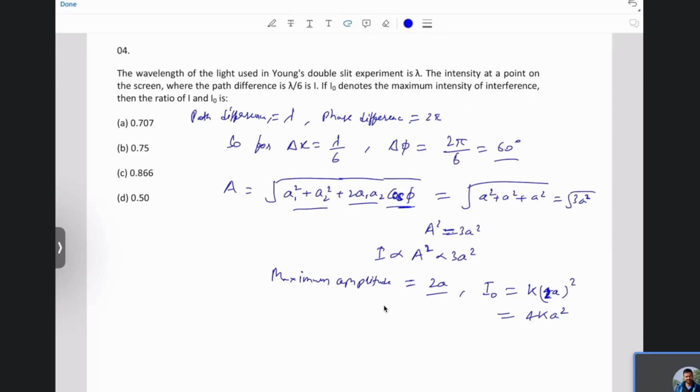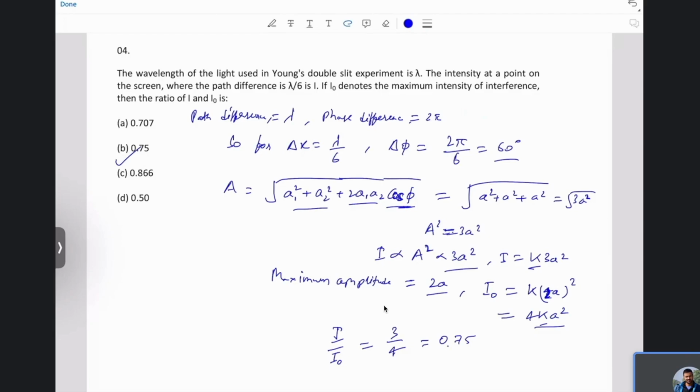So the ratio I by I naught will be simply 3 by 4. Here you can write I as k times 3a square. k is just a constant. So 3 by 4 or 0.75 is the correct answer.